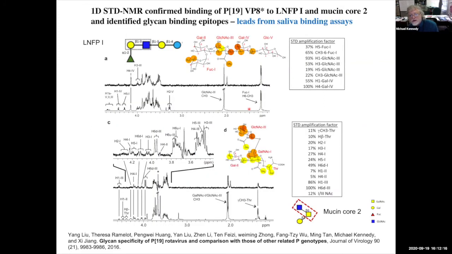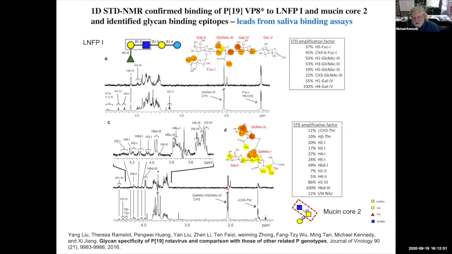So on to our experimental data. The first thing that we wanted to do was to study this P19 genotype, which was thought to be the earliest ancestor, evolving from the P1 genogroup. What we're showing here is saturation transfer difference NMR results, binding to, in the lower case, the mucin core 2, and in the uppercase, binding to this sequence which has the H-type 1 disaccharide plus the secretor fucose.